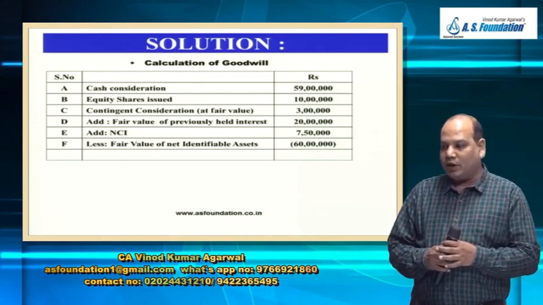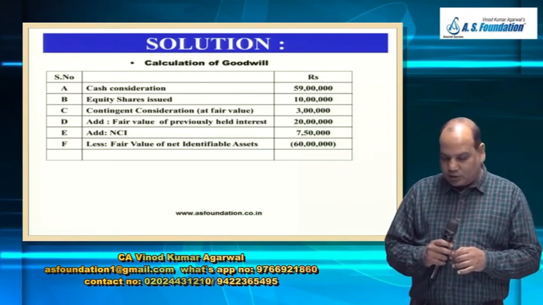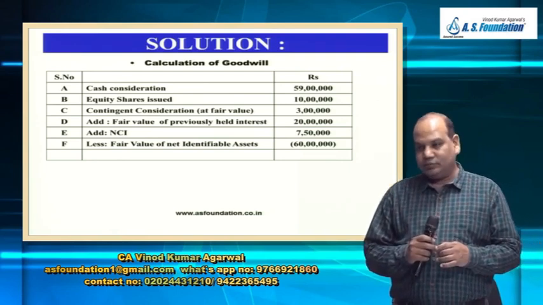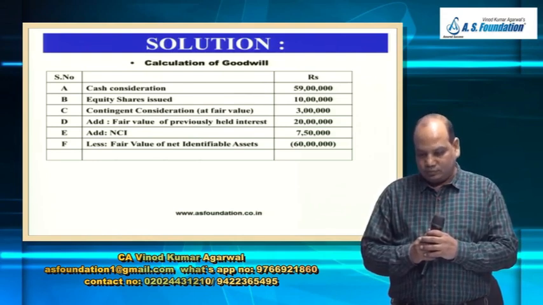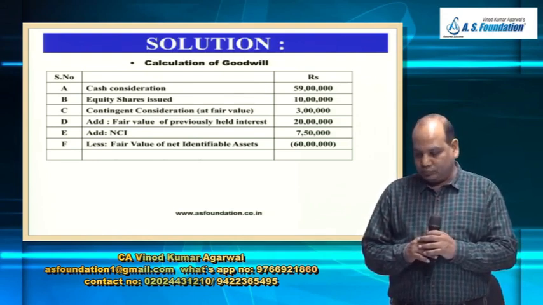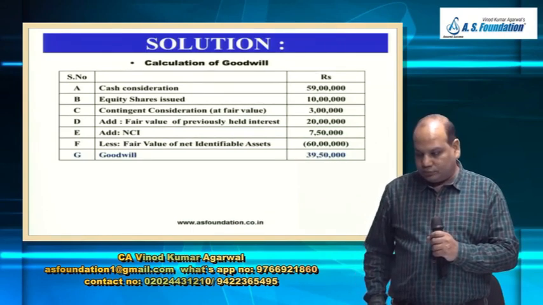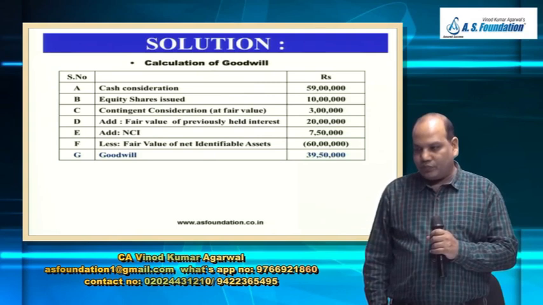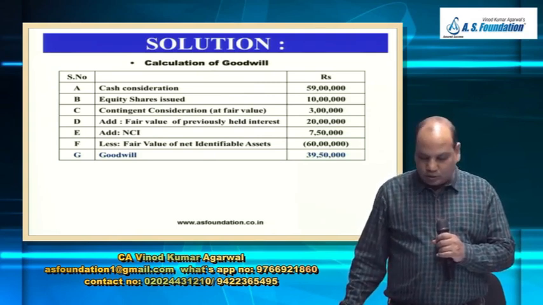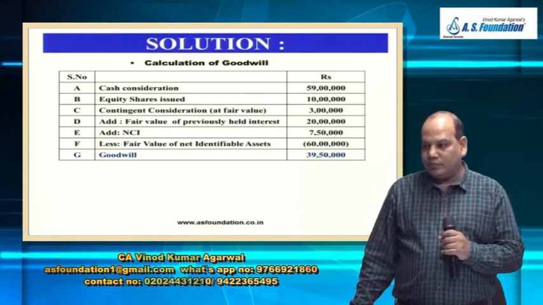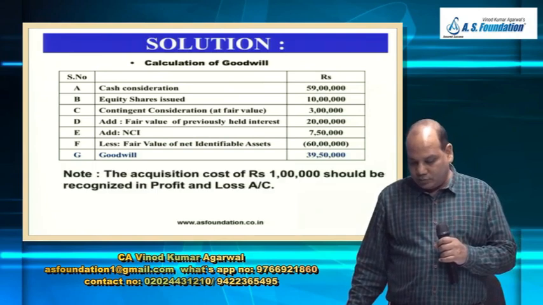Fair value of INA 60 lakh. So what is the net effect of this calculation? Goodwill 39,50,000. Check the answer. Is goodwill 39,50,000?